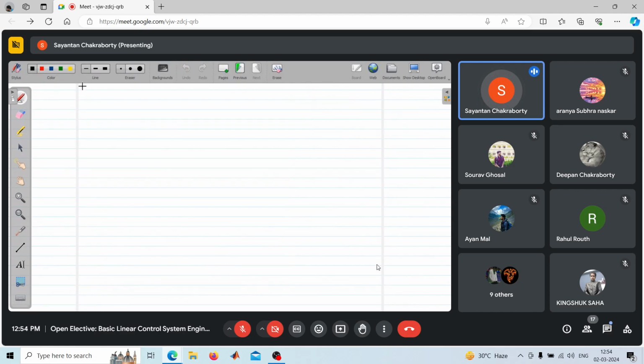Now, what are the equations that I've already written? (H1 minus H2) by R1 is equal to Q1. So taking the Laplace transform, (H1(s) minus H2(s)) into 1 by R1 is equal to Q1(s).